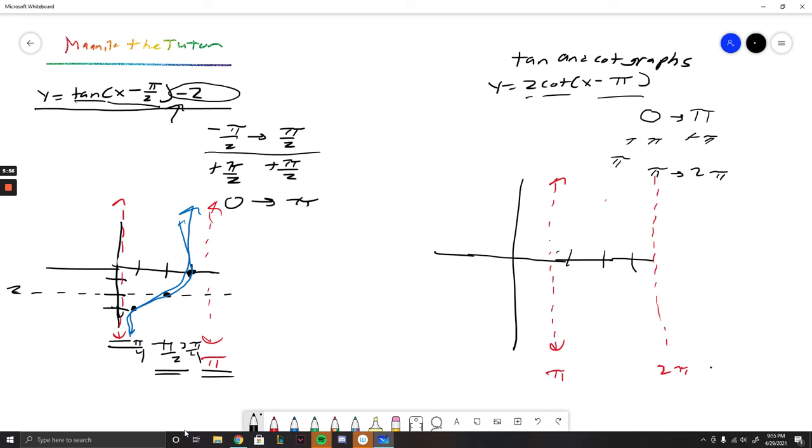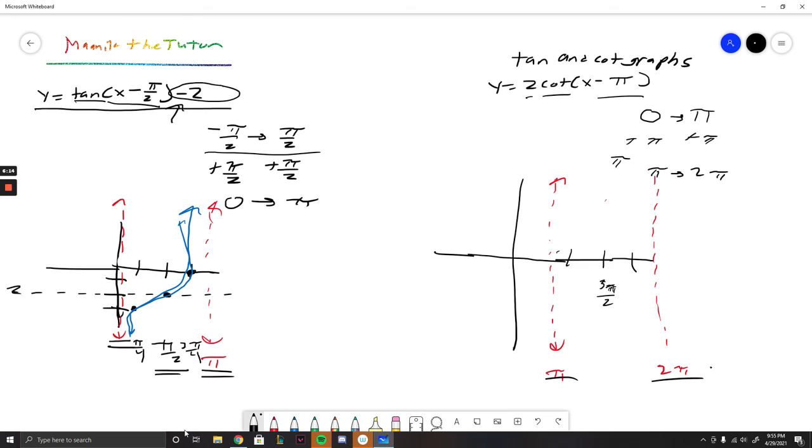So again, you're just going to average these two to find the middle point. So pi plus 2 pi is 3 pi divided by 2. You get 1.5 pi, but you shouldn't have this in decimals. So what you should do is 3 pi over 2 for this point.